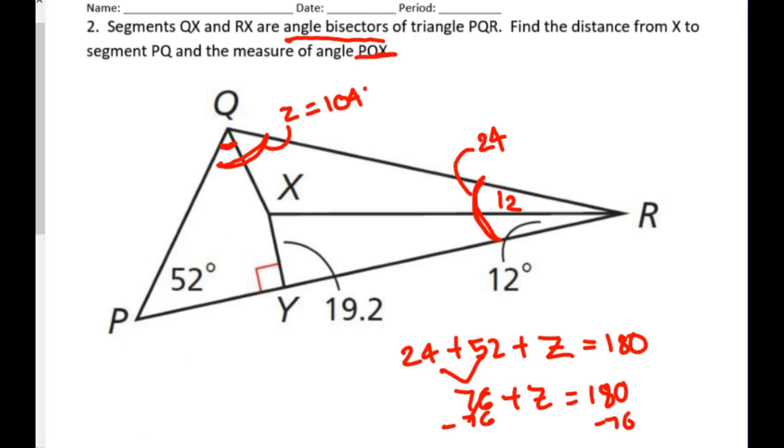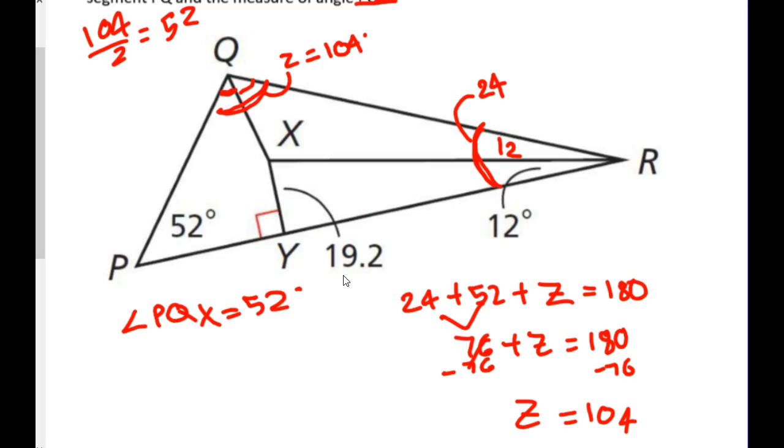So 104 divided by 2 is 52 degrees. So angle PQX equals 52 degrees. All right. Now, that's it for incenters or the incenter and angle bisectors.